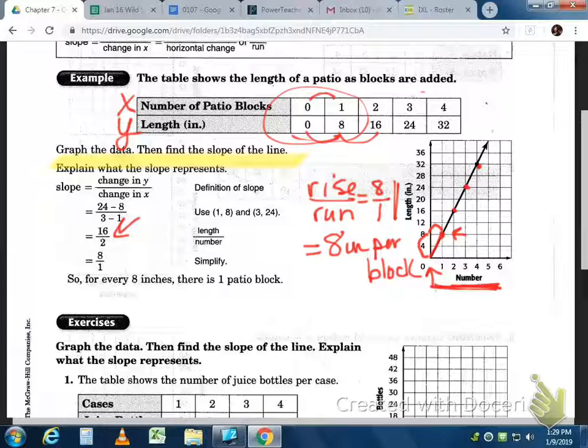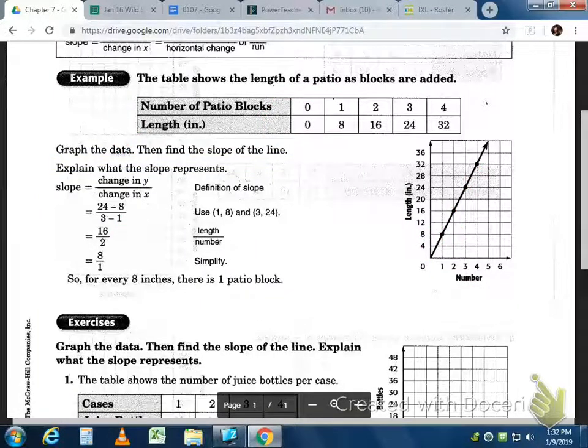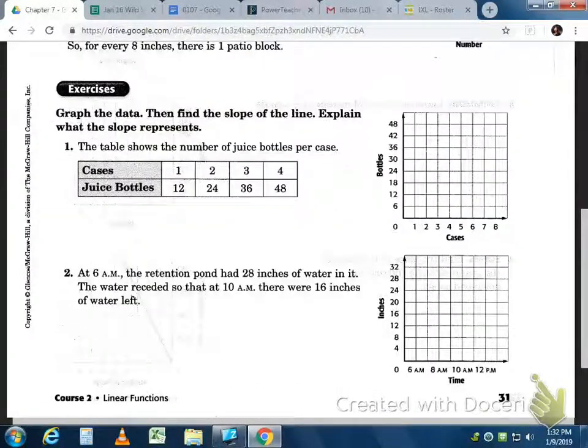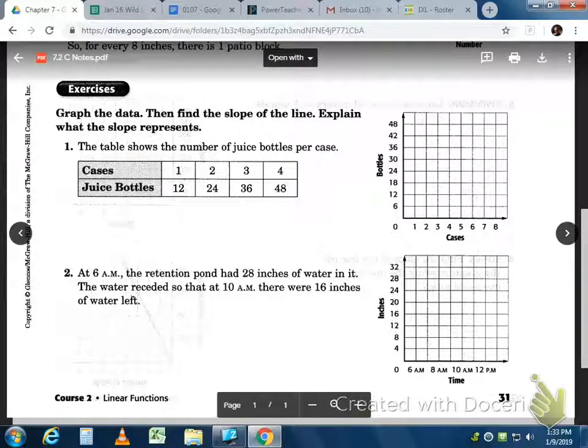Okay, so now I've got to do another one. This is the one at the bottom. It says, graph the data, then find the slope of the line. Explain what the slope represents. So the table shows the number of juice bottles per case. These are the cases along the x-axis. Okay, x is the cases.